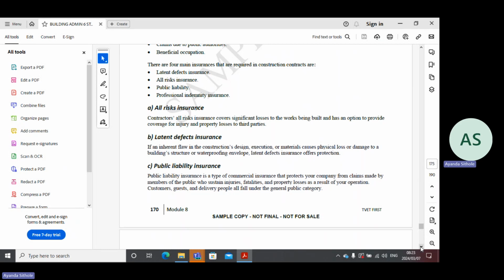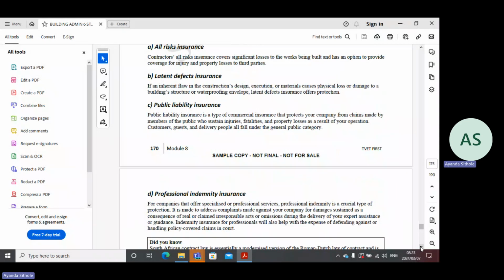And we have public liability insurance. Public liability insurance is a type of commercial insurance that protects your company from claims made by members of the public who sustain injury, fatalities, and property losses as a result of the operation. So that is public liability insurance.